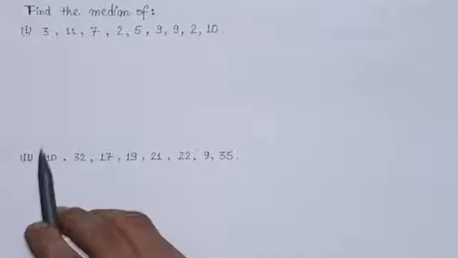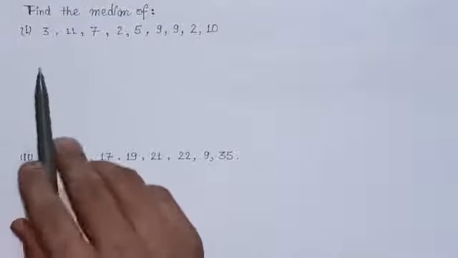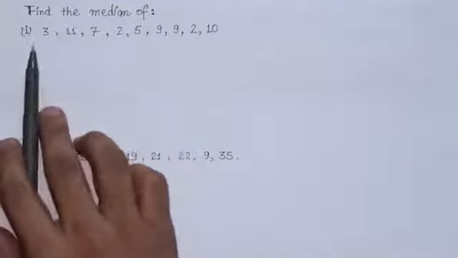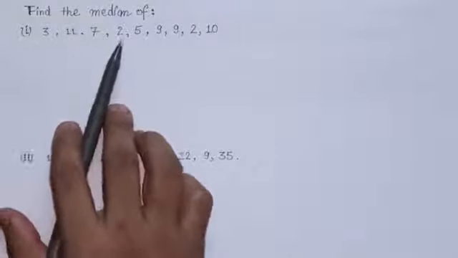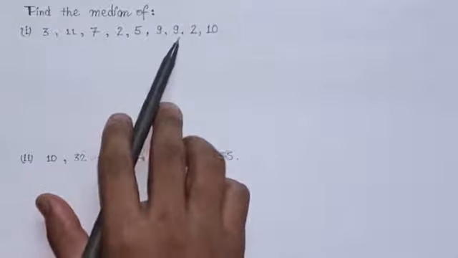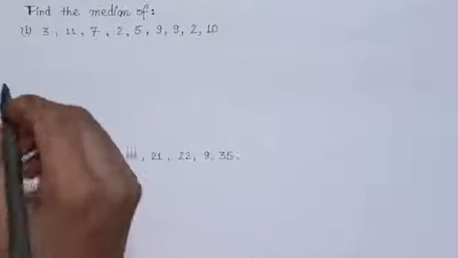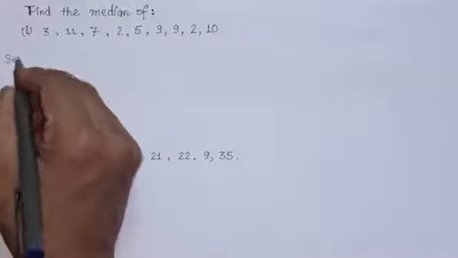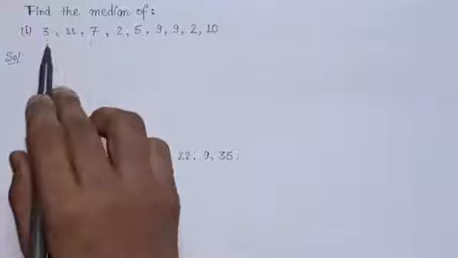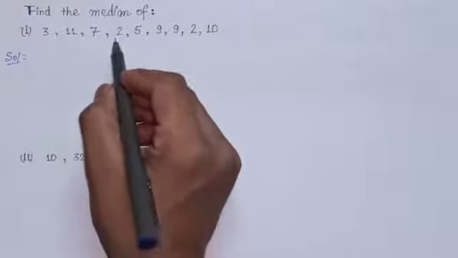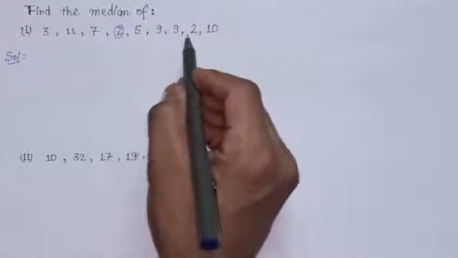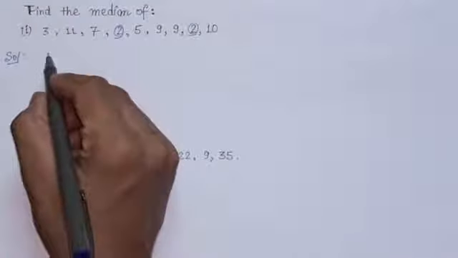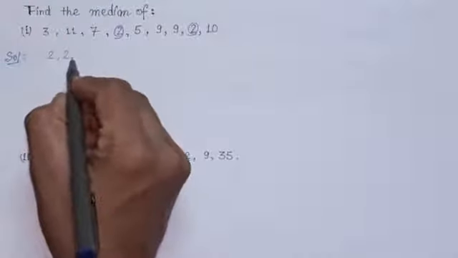Now let us solve some questions for better understanding. We have to find the median of 3, 11, 7, 2, 5, 9, 9, 2, 10. So first we have to arrange these observations in ascending order. The smallest value is 2, and it comes twice, so we write 2 and 2.